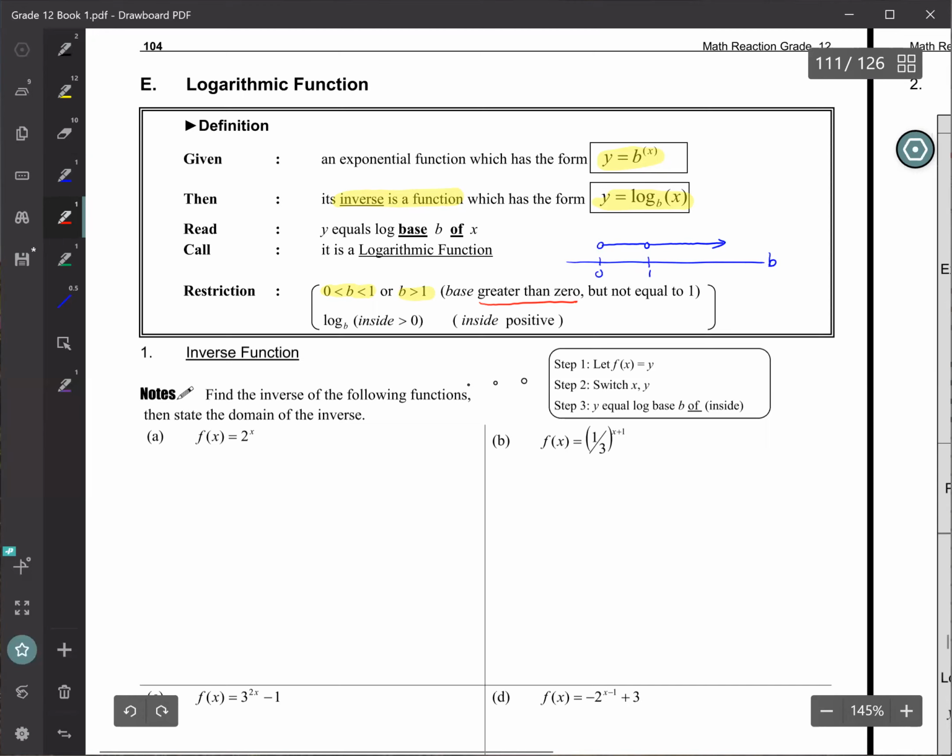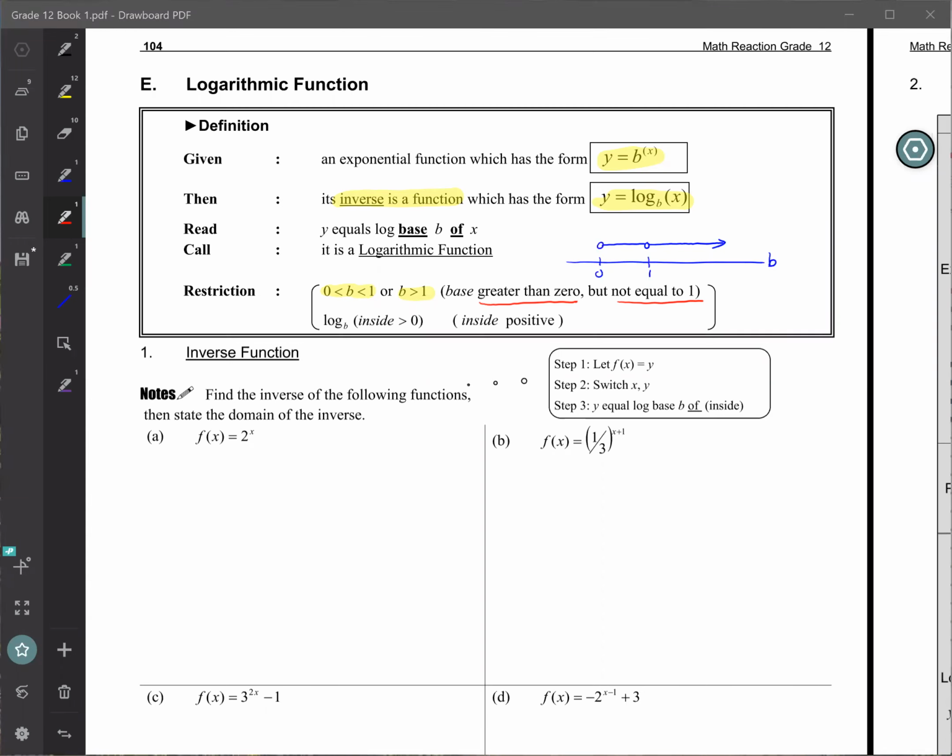Base is bigger than 0, but not equal to 1. So skipping 1. Okay, any questions? Okay, so instead of saying between 0 and 1 or greater than 1, we could also say greater than 0 means positive, but exclude, right, not equal to 1.